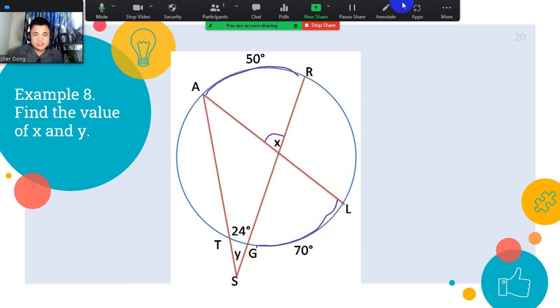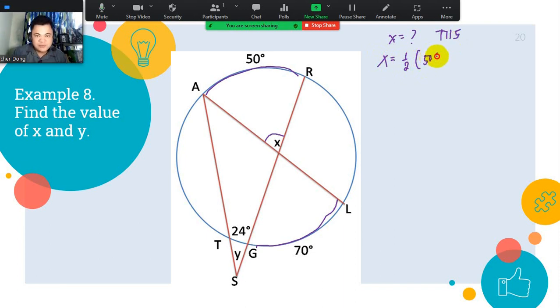So in this case, to solve for the measurement of angle x, we need to use Theorem 115, the intersecting secants interior theorem. Okay, interior because the angle is in the interior. So we have now angle x equals 1/2 times the sum of the measurements of the two arcs.